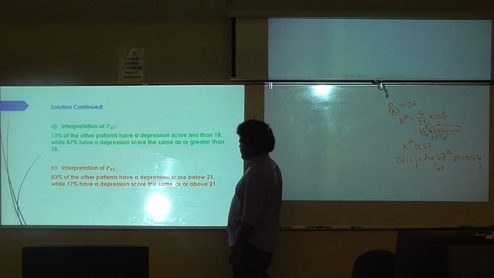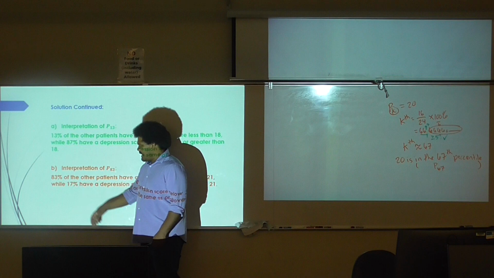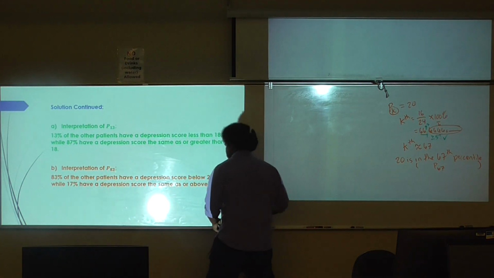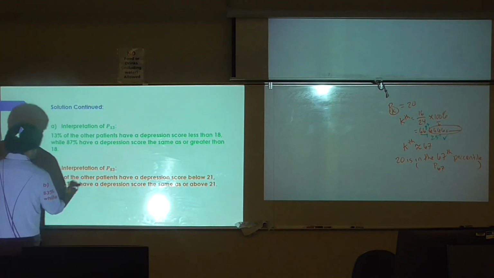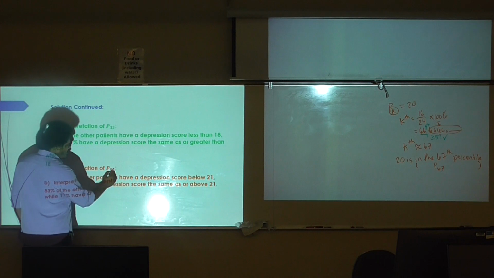So if we replace it, we're saying that 20 is the 67th percentile. I'm just going to change over here in blue. So instead of putting this, we're putting 67%. And over here was 67.